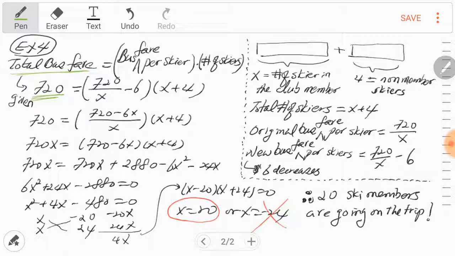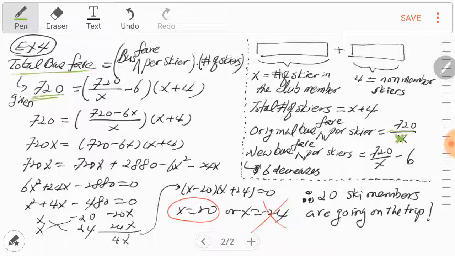And then once they share the bus fare, the original bus fare per skier should be 720 divided by X, because there are X members and the bus fare is 720. So divide 720 by X. And then once 4 non-members are added, the bus fare per skier has dropped.